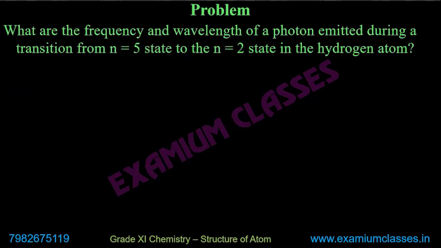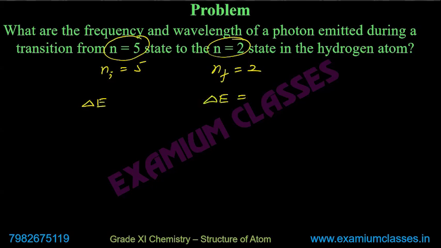Next question. What are the frequency and wavelength of a photon emitted during a transition from n equals 5 to n equals 2? Initial is 5 and final is 2. For frequency and wavelength, there are two ways. You can apply the formula directly, or you can calculate delta E and then apply delta E equals h nu to get the frequency.